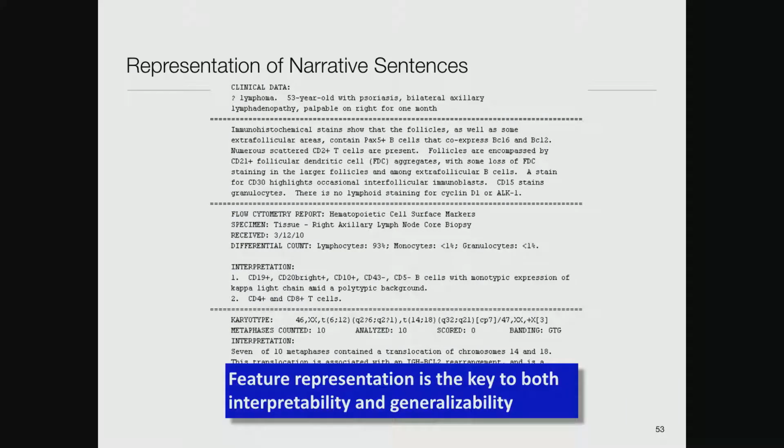There are, again, a few more tricks because this is dealing with language. So this is a typical report from one of these lymphoma pathologists that says immunohistochemical stains show that the follicles blah, blah, blah, right? So lots and lots of details. And so he needed a representation that could be put into this tensor factorization form.